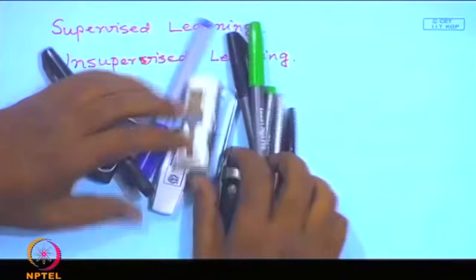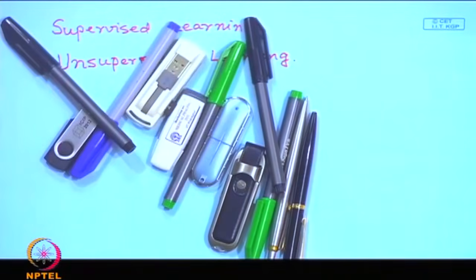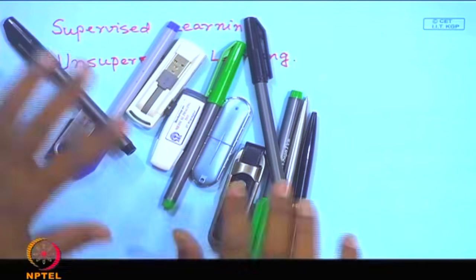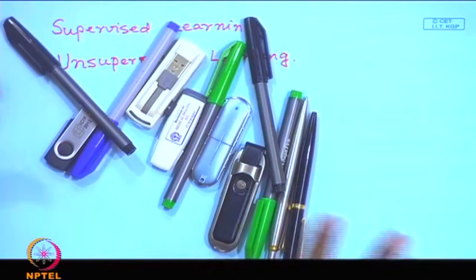Okay. So, what I have is a mixture of all these different objects, right. The problem is something like this. I have a mixture of all these different objects, and from this mixture I have to separate the objects into two or more groups.